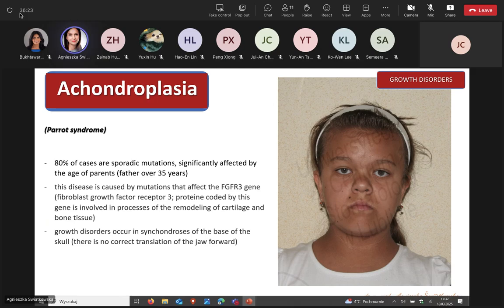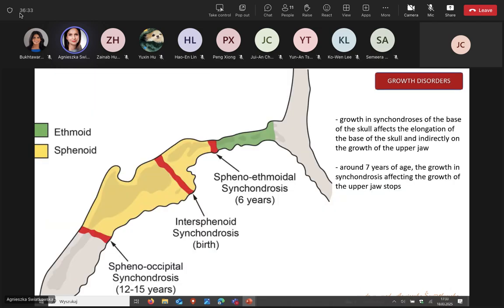Growth disorders occur in the synchondrosis of the base of the skull. In this situation, there is no correct translation of the jaw forward. So here you can see the anterior cranial base. Here is sella turcica. Here is nasion point, as you remember from the supplementary analysis. So here you can see the synchondrosis.